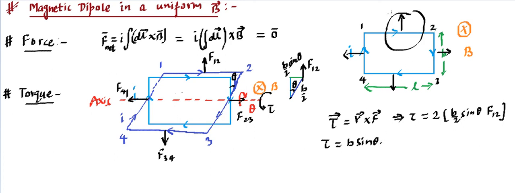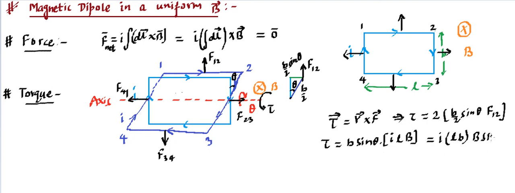So what is this force in that segment? It's simply ILB, I L into B for the magnetic field. So that's going to be the torque value. Now when you rewrite it, it can be written as I into L into B into sine theta.